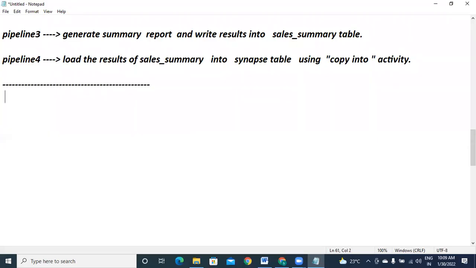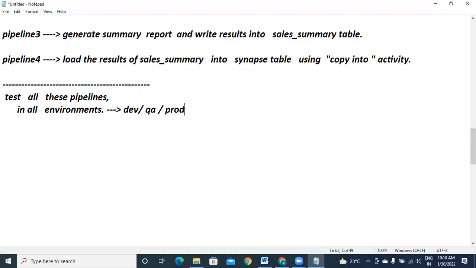And after that, for the final task, test all these pipelines in all environments. In all environments means my dev environment, my QA environment, and my production environment.